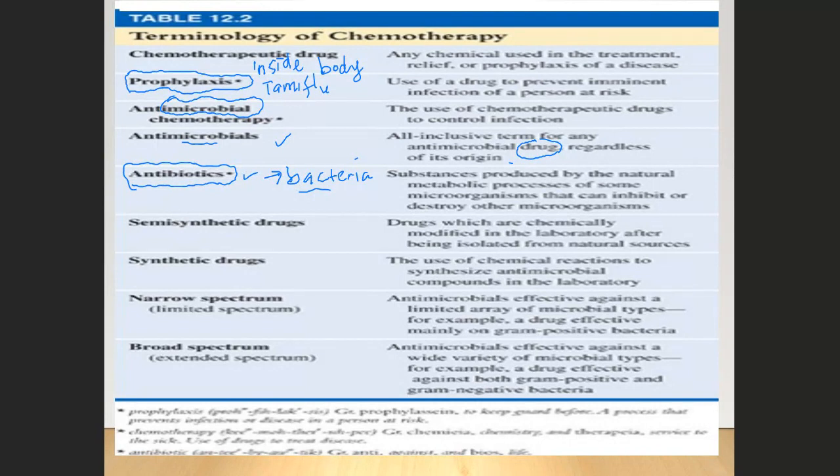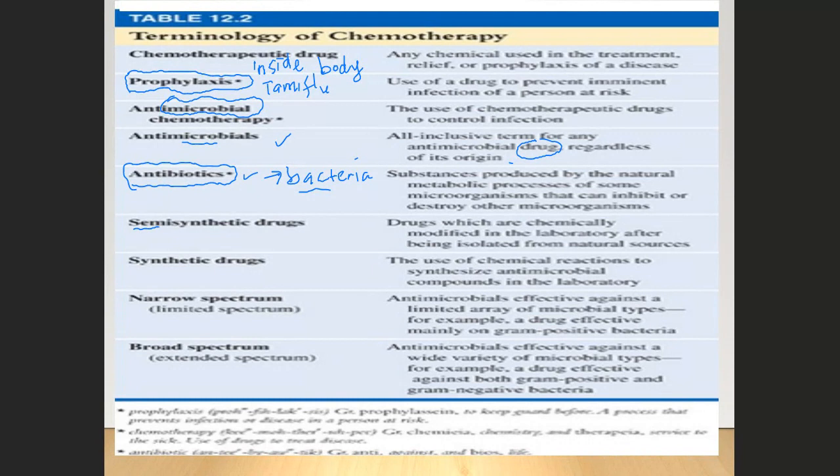And the semi-synthetic drugs, this is a combination between natural and made drugs in the lab, okay, natural, and the drug that is chemically modified in the pharmaceutical lab.